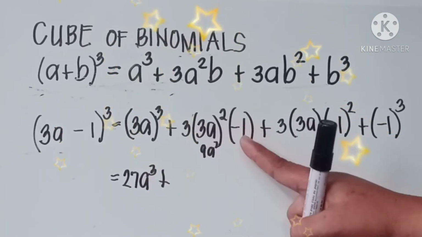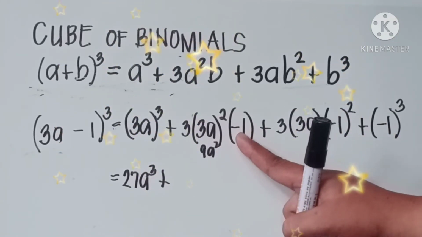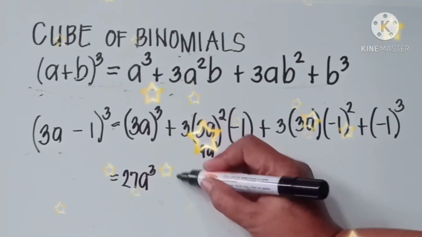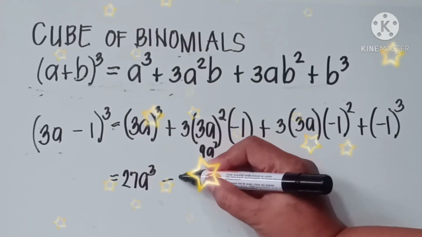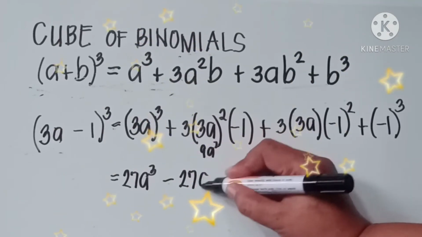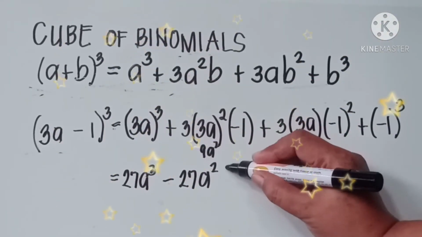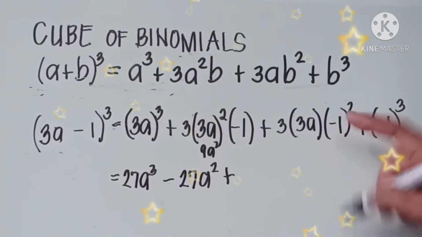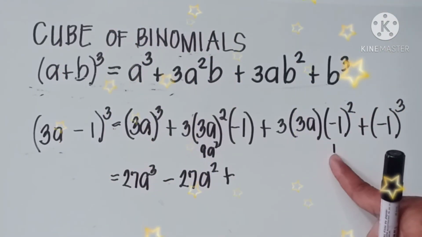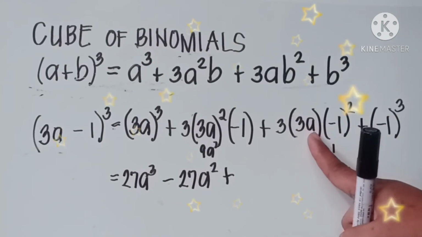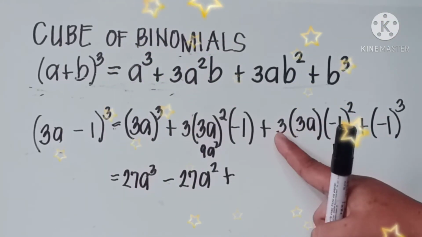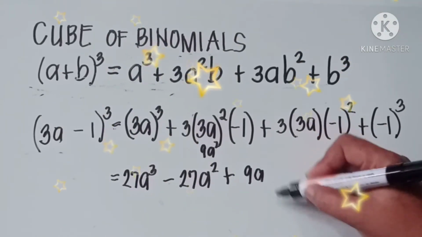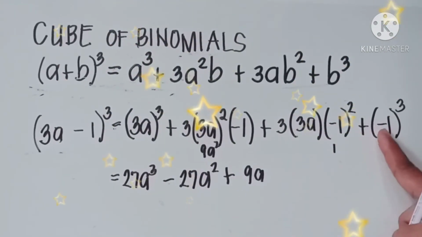And if you will multiply it by negative 1, the answer now is negative. Okay, so this will become negative 27a squared. Plus, what's the square of negative 1? It is positive 1 times 3a. So, 3a pa rin. Then, multiply it by 3. The answer is 9a. Then, the last term is negative 1.